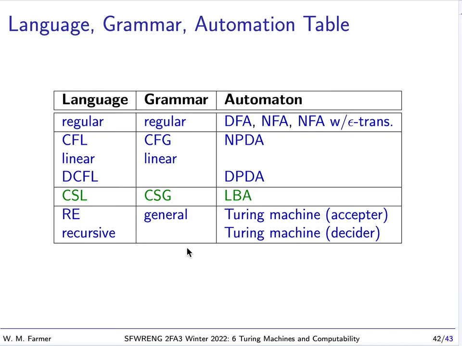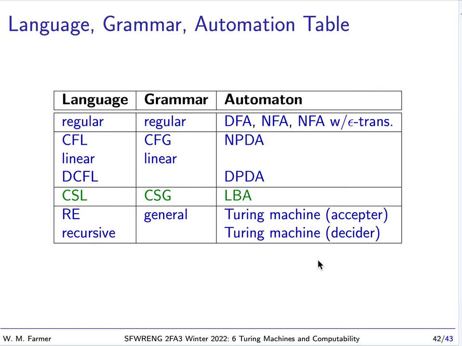And then we have 4 kinds of grammars: regular grammars, context-free grammars, context-sensitive grammars, and general grammars. And then we have various automata. For regular, we have DFAs, NFAs, and NFAs with epsilon transitions. For context-free, we have non-deterministic push-down automata. And for context-sensitive, we have linear bounded automata. And for RE, we have Turing machines.